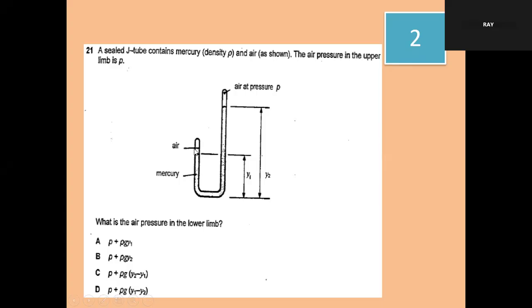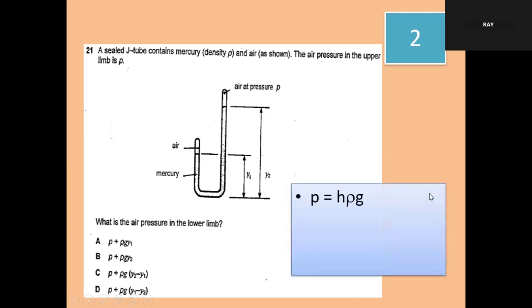What's the pressure inside this lower limb? P is hρg. Answer is C: hρg, where h is y2 minus y1, times ρg, then plus this pressure. What's our reference level? Answer C.